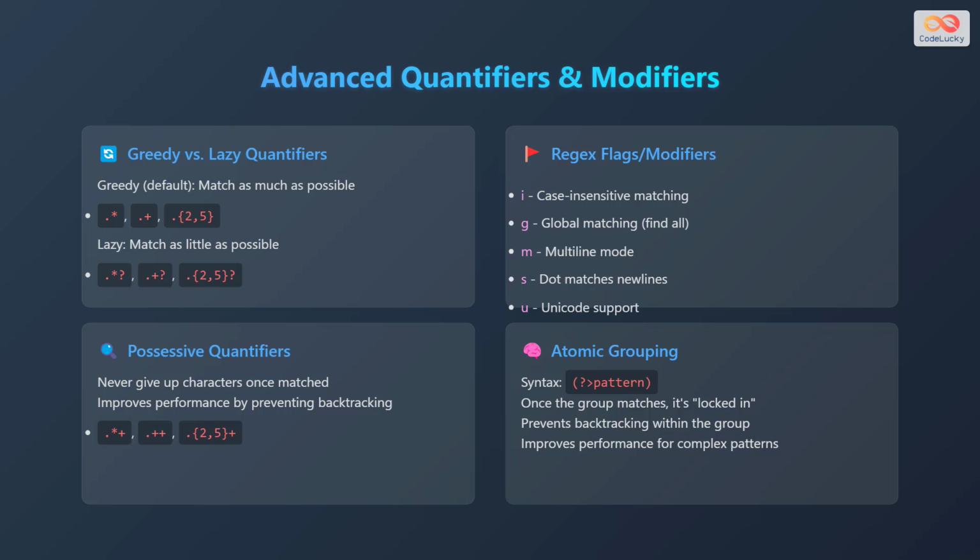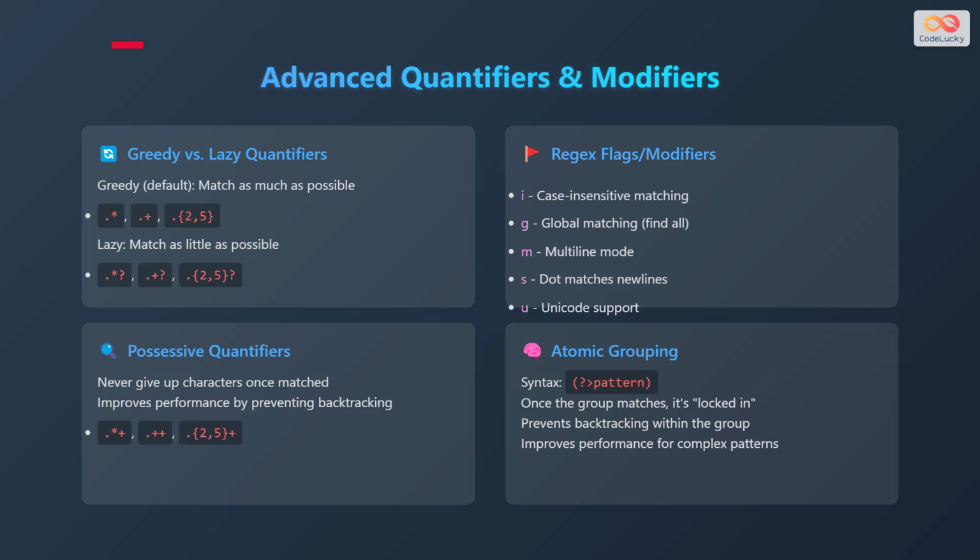Now let's delve into advanced quantifiers and modifiers. Greedy quantifiers match as much as possible. Examples include .*, .+, and .{2,5}. Lazy quantifiers, on the other hand, match as little as possible.